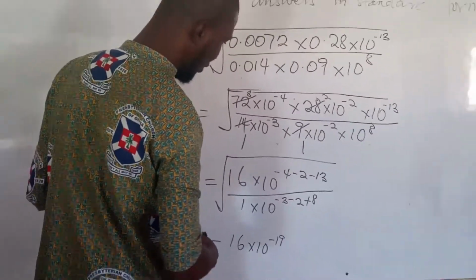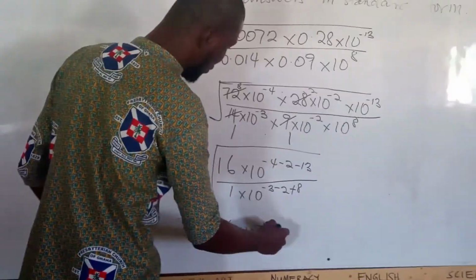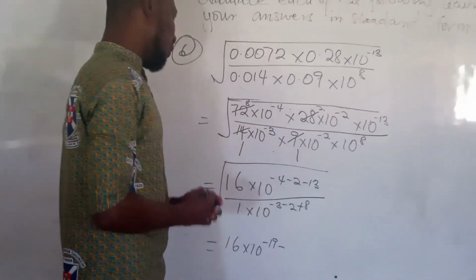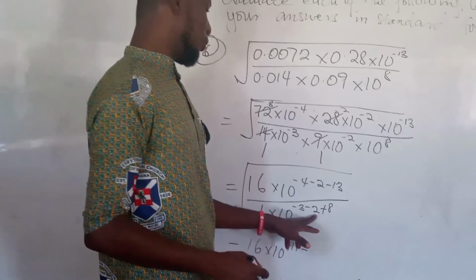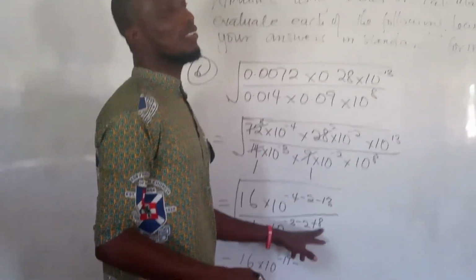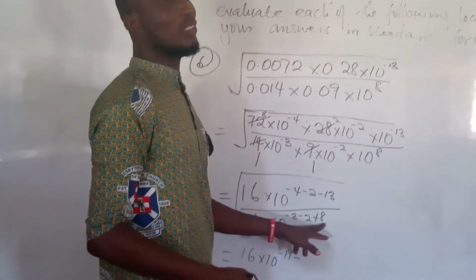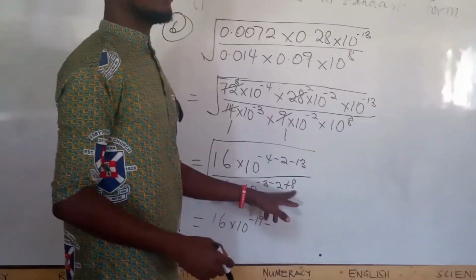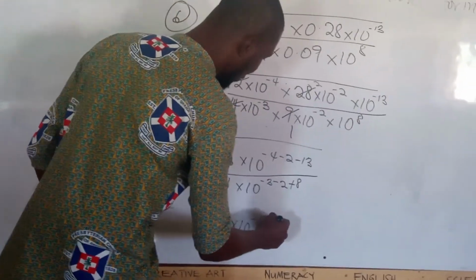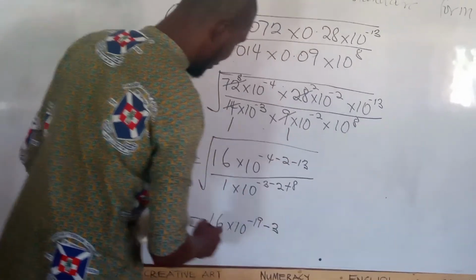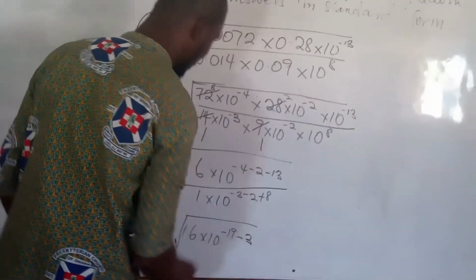Then this one, because it's dividing, I want to bring my minus. Then here negative 3 minus 2 is negative 5, plus 8 will give us positive 3. Then because it's dividing, you are subtracting, so minus 3. Don't forget our square root.